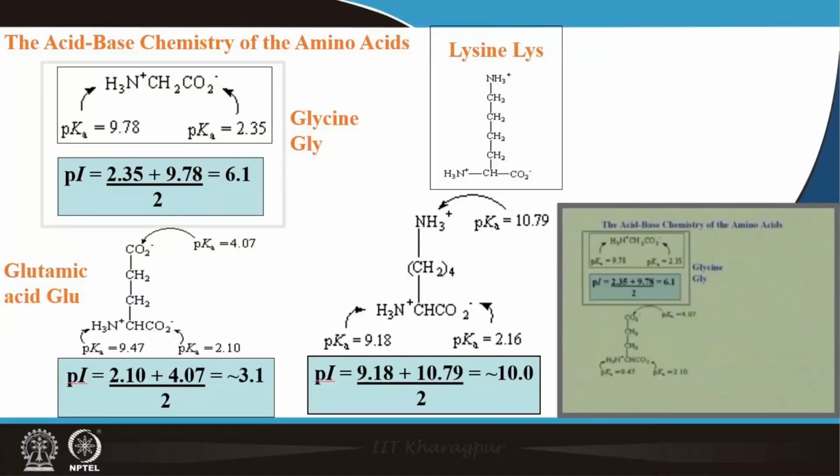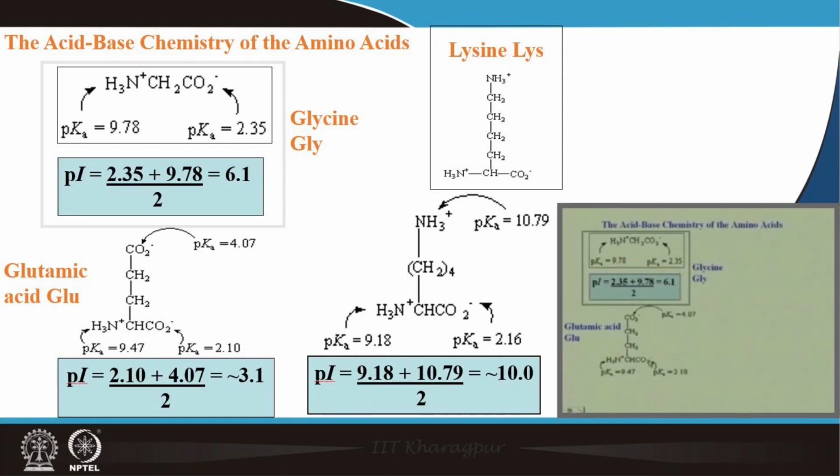Now if we go to glutamic acid, then initially my charge is +1. If all of these are protonated, my charge is +1. When I lose one proton from the CO2H, which proton am I going to lose? I am going to lose the acid proton belonging to the amino acid first and not the side chain.